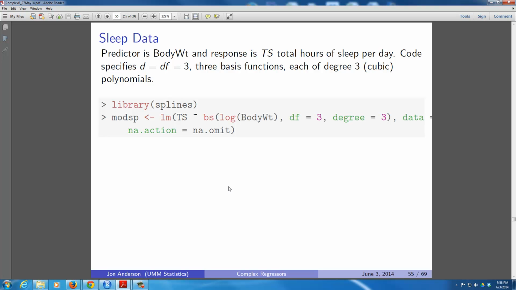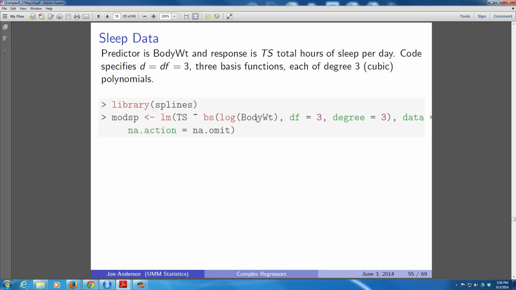Here is an example using the body weight and sleep time as the response from our animal sleeping study before. We're going to just explain time slept with the log of body weight. Remember, we were using straight lines before, but maybe this relationship between log body weight and time slept is a little bit curved.